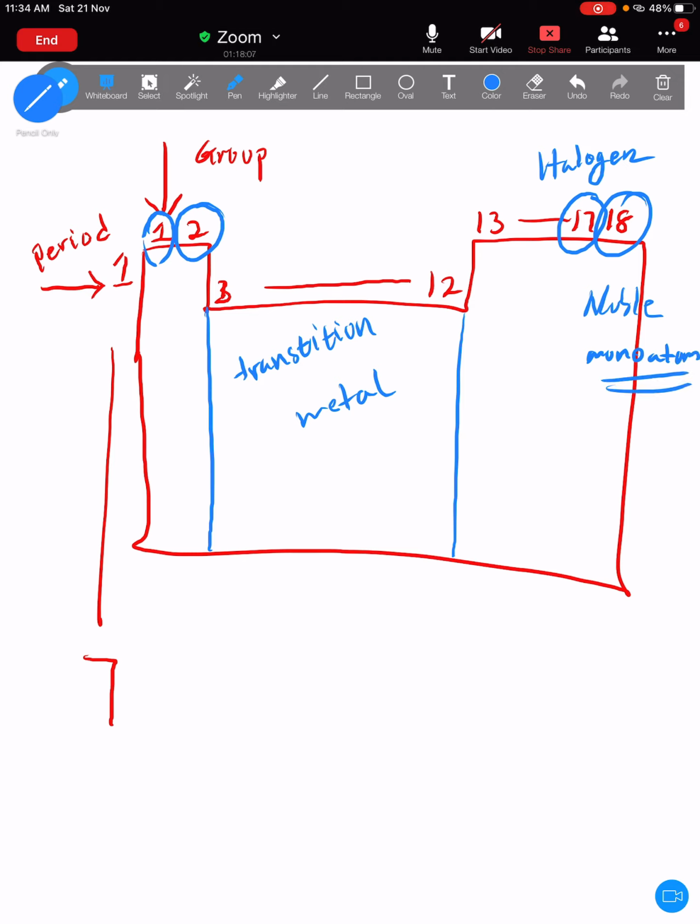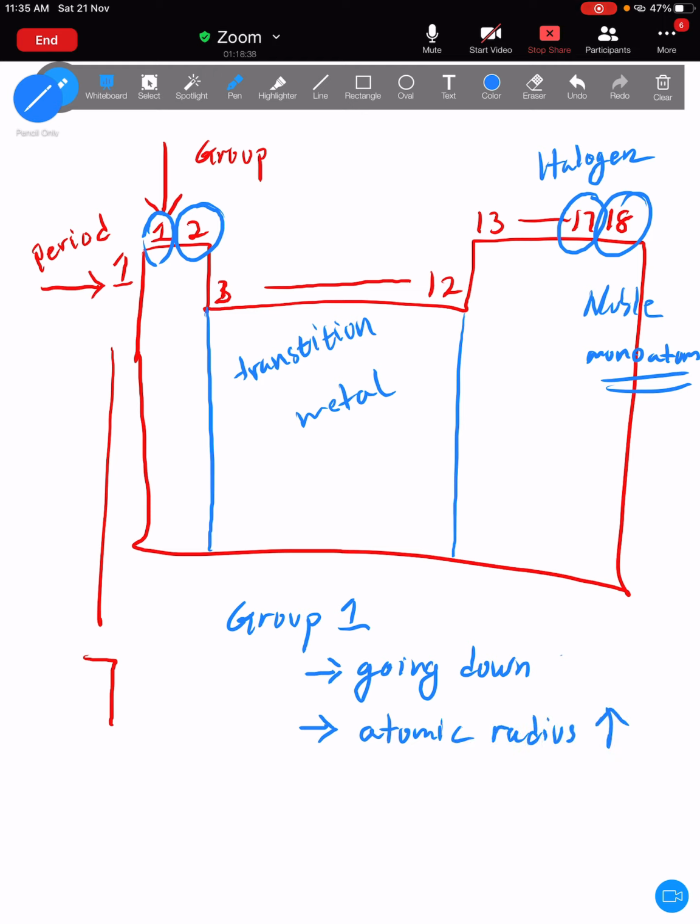Guys, one thing that you need to know in very, very detailed will be group 1. Group 1 and 17 are very common questions in your SPM. They will always ask you something. Remember a few things. When you are going down group 1, you must remember the atomic radius increases.